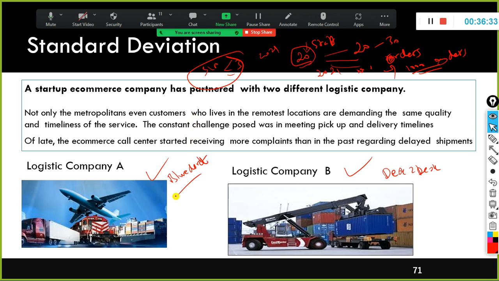Everything is going smoothly, and off late you are getting a lot of complaints from customers. Let's say you are running a survey with your customers to know their sentiment. While doing so, you understand that customers are not happy with delayed shipments.